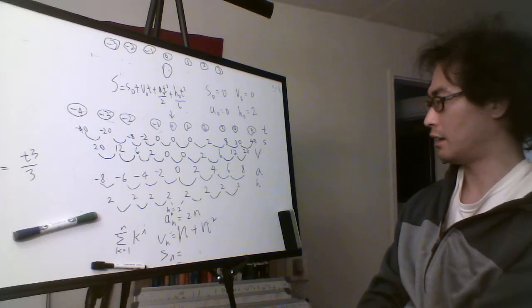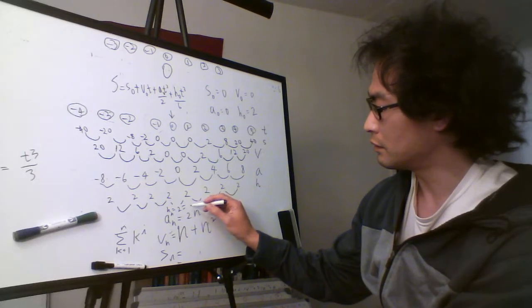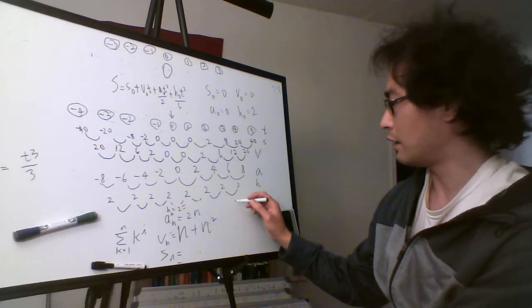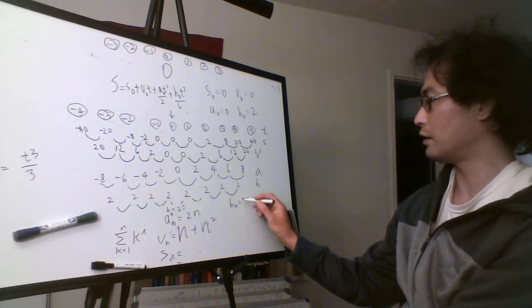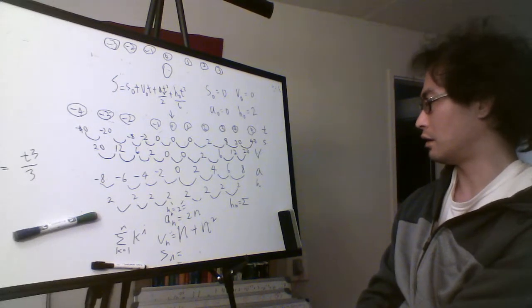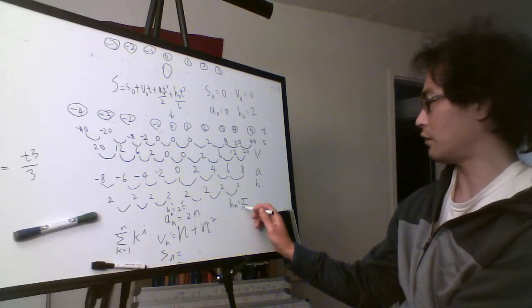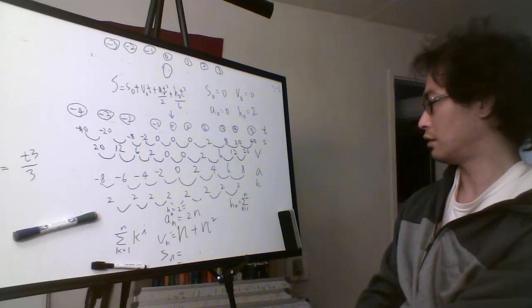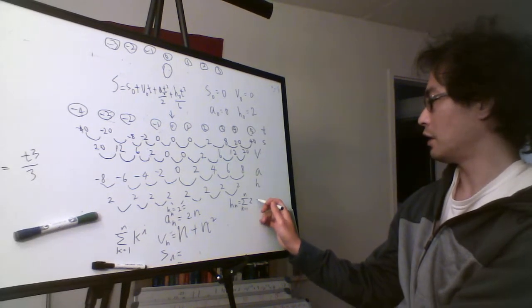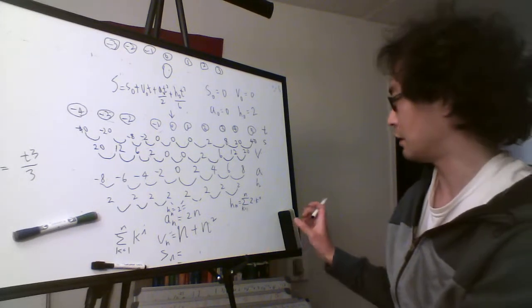Because Hn is equal to sigma k from 1 to n of 2 times k to the 0th. Okay? I mean, I'm sorry. No.